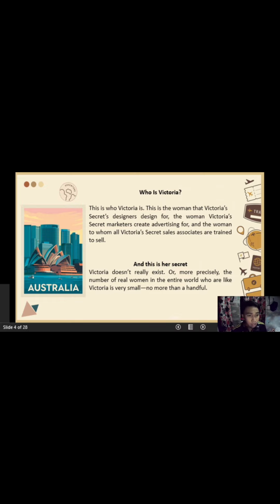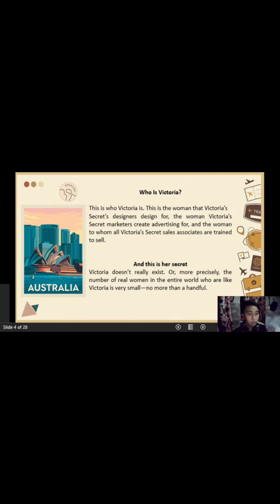So yung sikreto nito is yung mga tauhan nito na nagtatrabaho sa Victoria's Secret, yung mga designer, yung mga ambassador, yung mga tumutulong talaga sa paglago ng Victoria's Secret Company, kasi alam naman natin na si Victoria's Secret ay napakalaking retailer sa buong mundo.